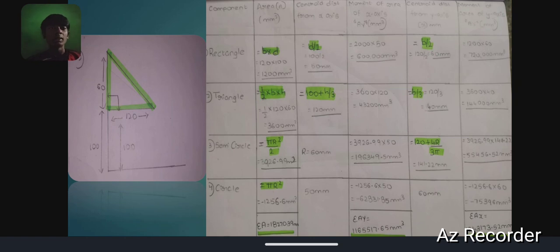They are merged. We do 120 divided by 3, that gives 40 mm. For the moment of area about the y-axis, we multiply the area into the centroidal distance from the y-axis.